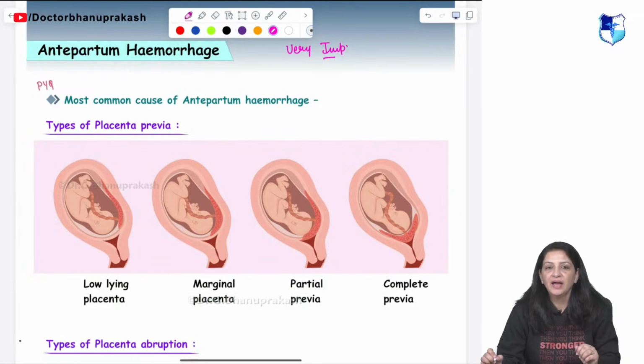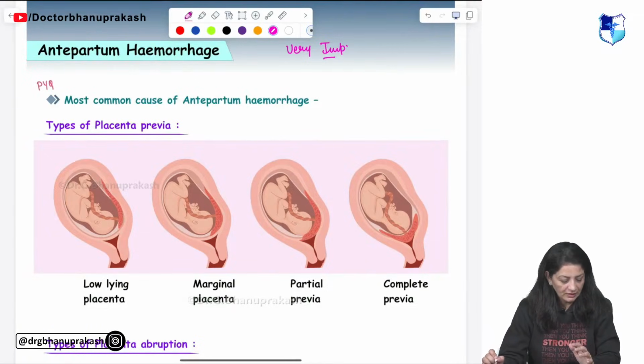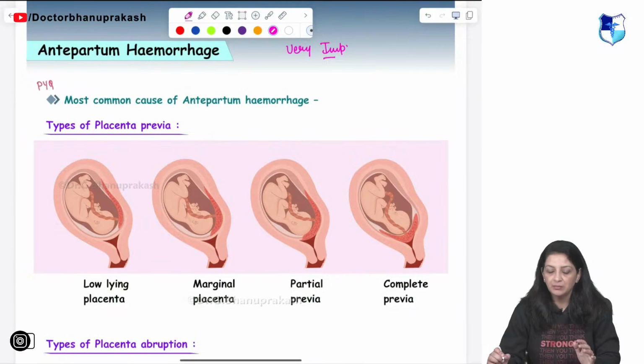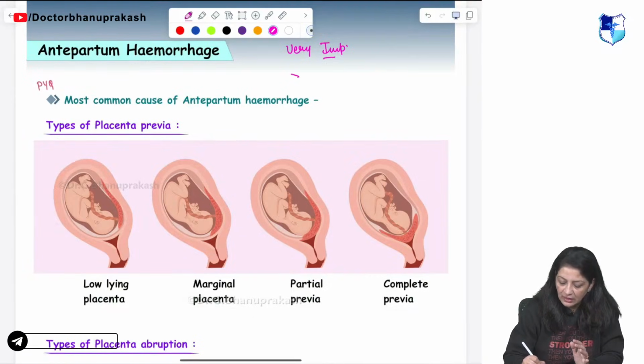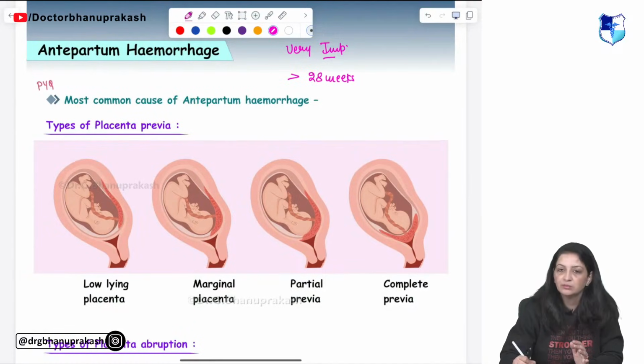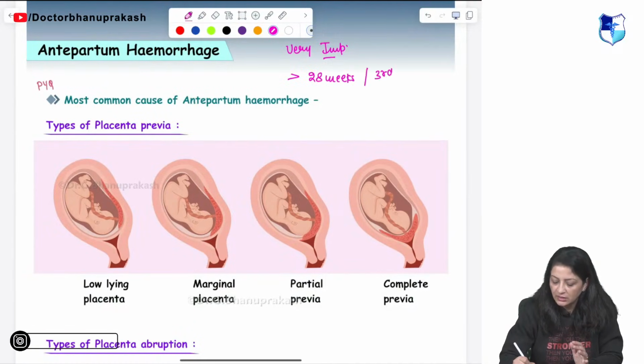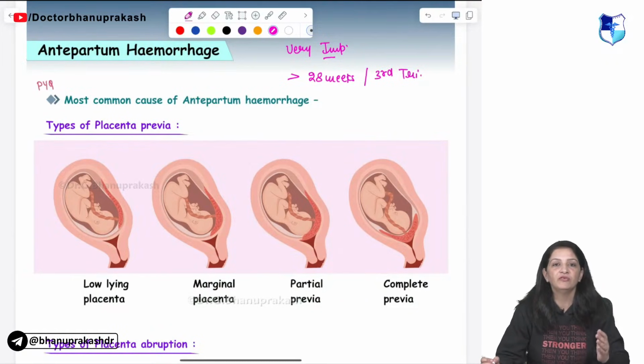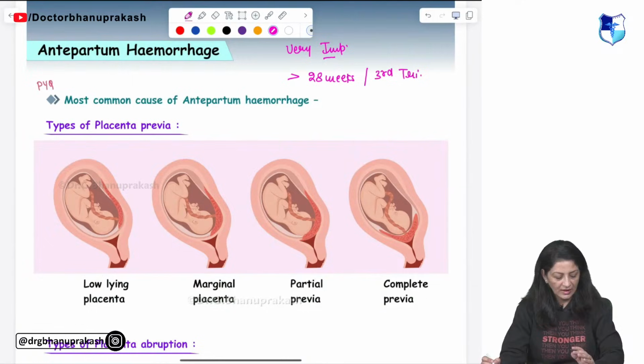If bleeding occurs in the genital area of the female in the third trimester, meaning bleeding after 28 weeks of pregnancy, after the period of viability, this is called antepartum hemorrhage.